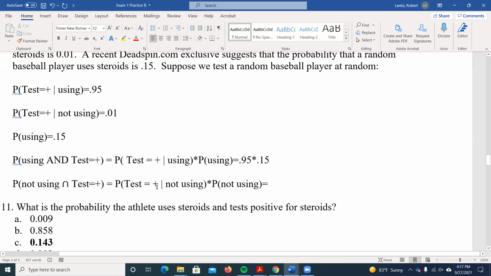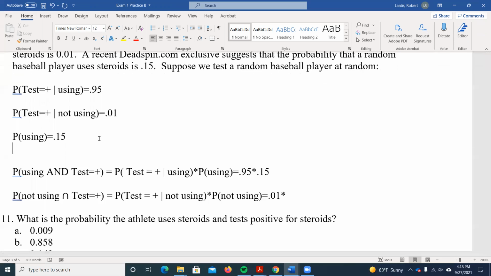I was given this conditional probability, which was 0.01. And the probability the individual is not using, well, I don't have that. However, I know if the probability that someone is using is 0.15, what should the probability that they're not using be? There's only two states of nature. I know they have to add up to 1, so 0.85.